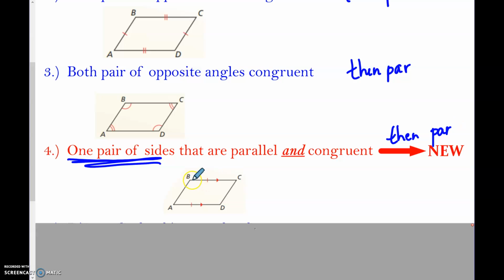Okay, one pair of sides. So if I take this and make this segment congruent to this, and I tell you that they are also parallel, when I connect these opposite sides over here, this side and this side here, this will always be a parallelogram.